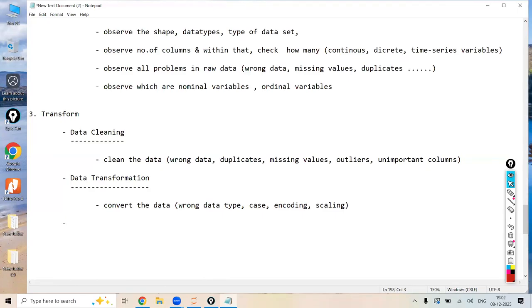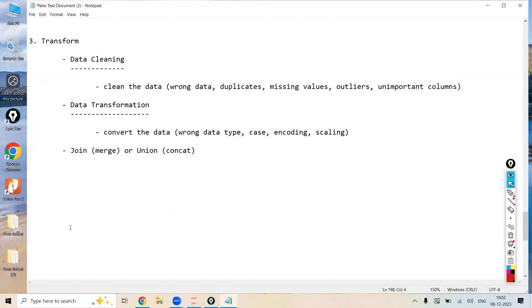If data was given in multiple tables, finally you are going to do the join or union. Join in Python we call merge, and union is concat.